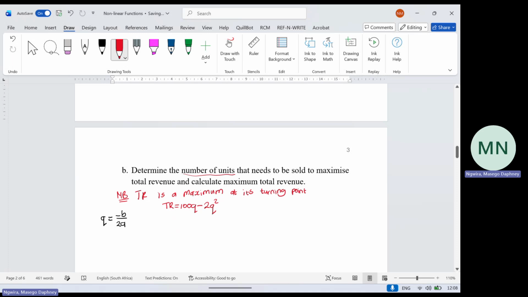So remember, this is our total revenue function. So it means that now we need to calculate the number of units.